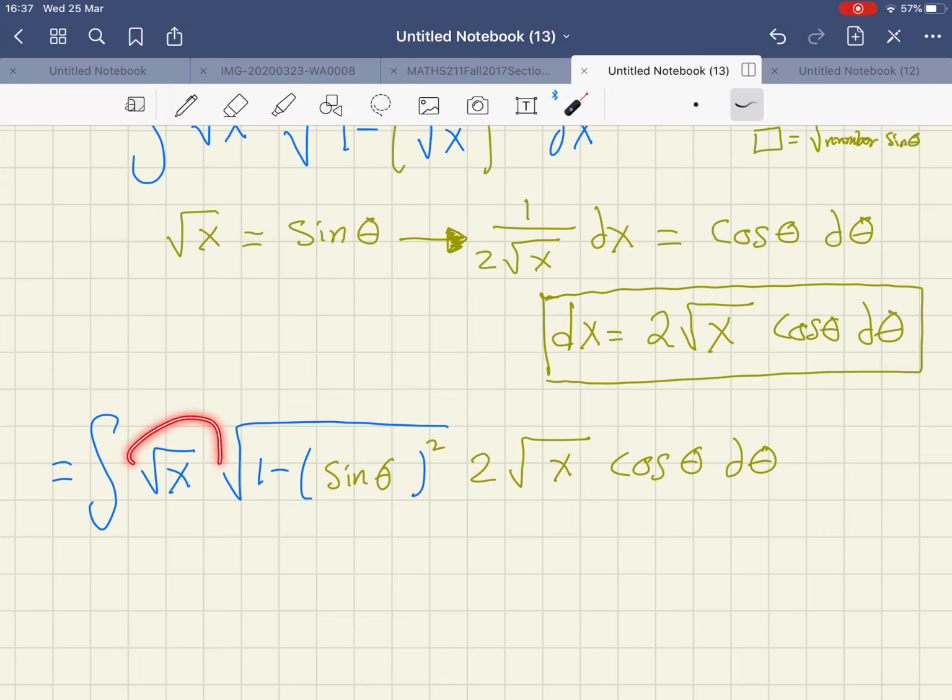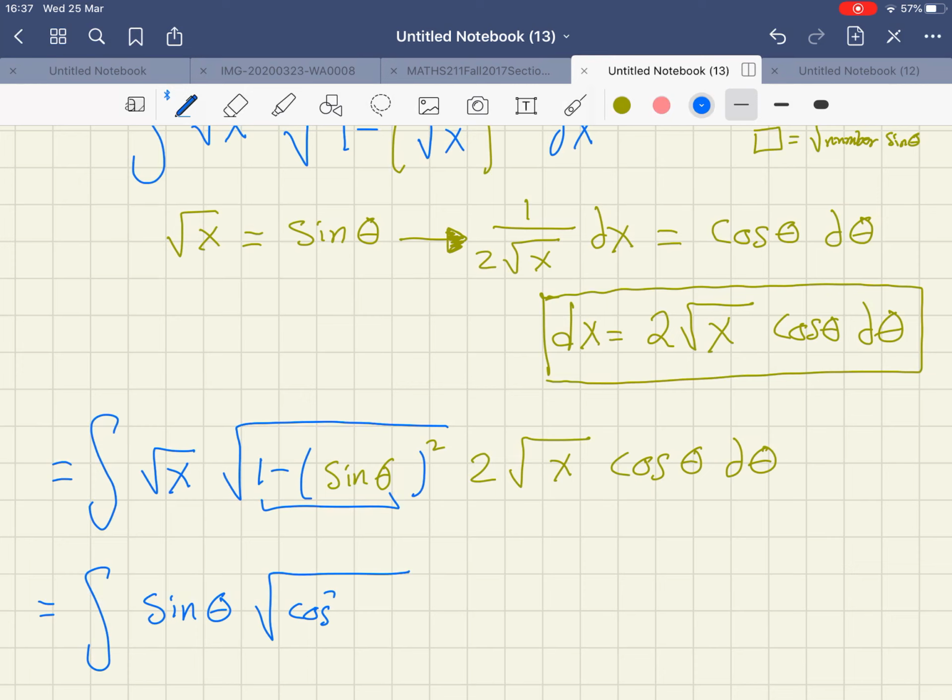Now do you remember how much is this one and how much is this one? Look at here, you can see how we can get rid of the x. This will be sine and the other one will be also sine, so I get sine theta square root of, now this one is just cosine square theta times 2 sine theta cosine theta d theta.